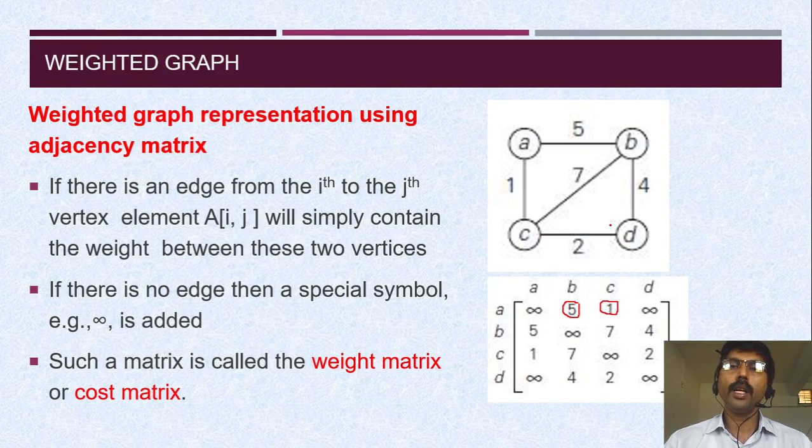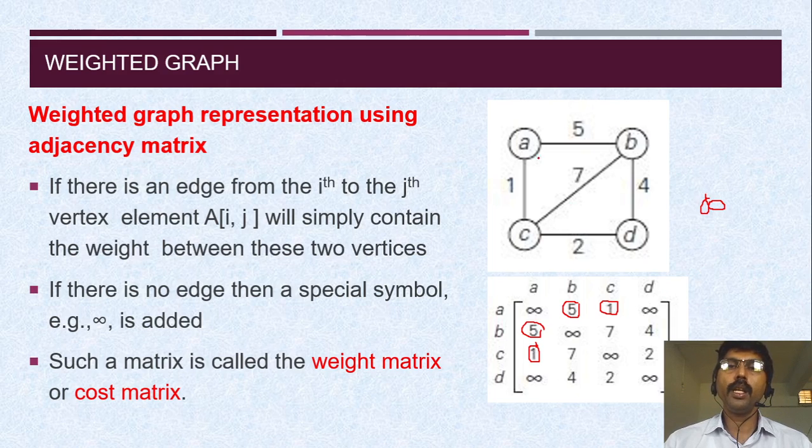Since it is an undirected graph, the values are symmetric here. If there is no edge between two vertices, that is indicated by a special symbol called infinity.